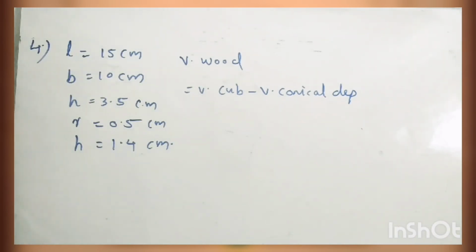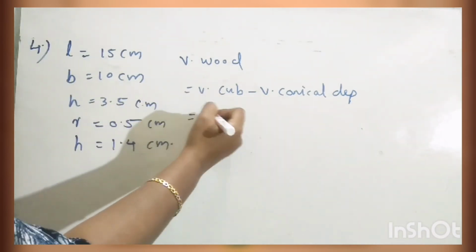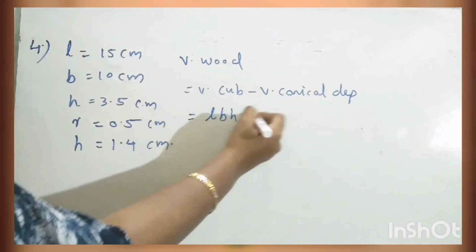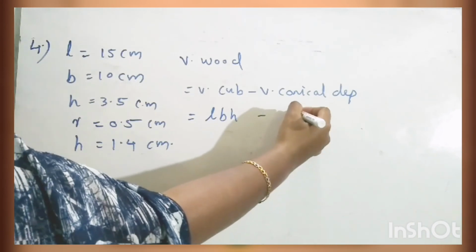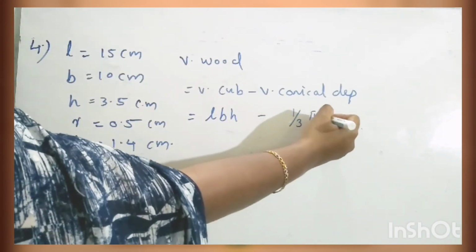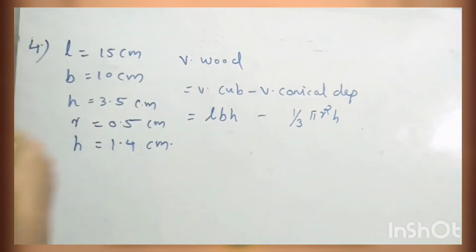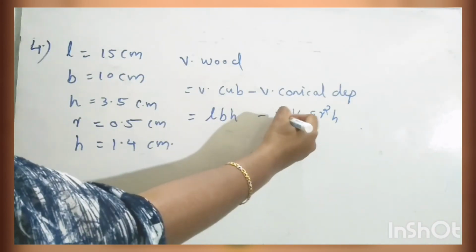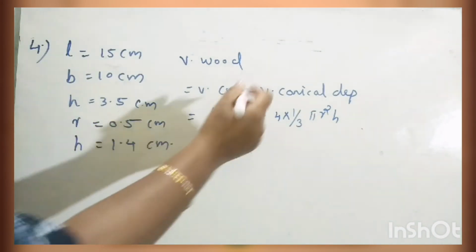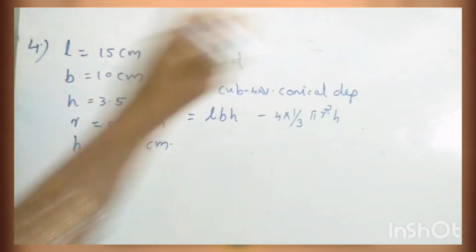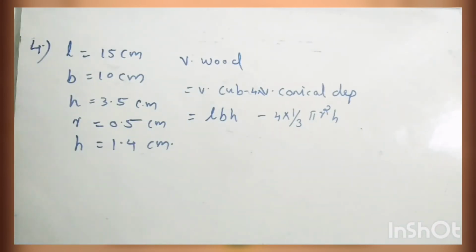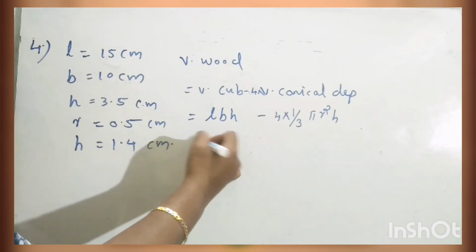That is the volume of wood. And the volume of cuboid is L into B into H. The volume of a cone is 1 by 3 pi r square h, and here we have 4 conical depressions, so we rewrite it as 4 into the volume of a conical depression.